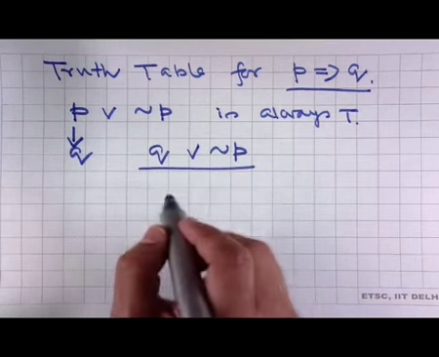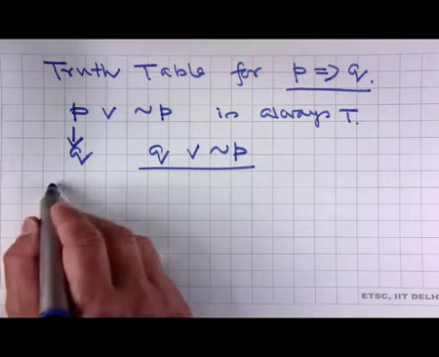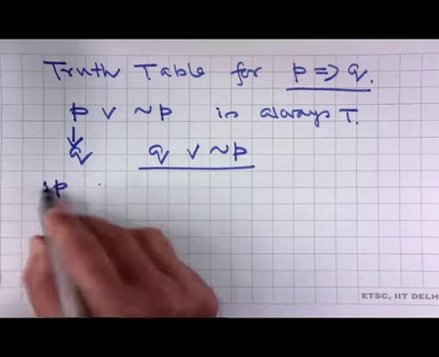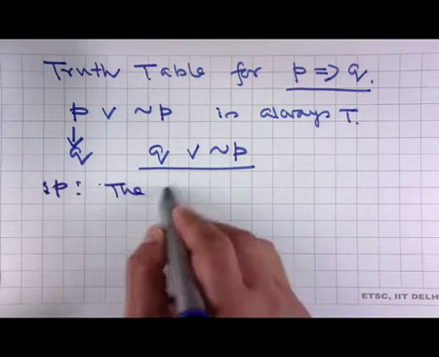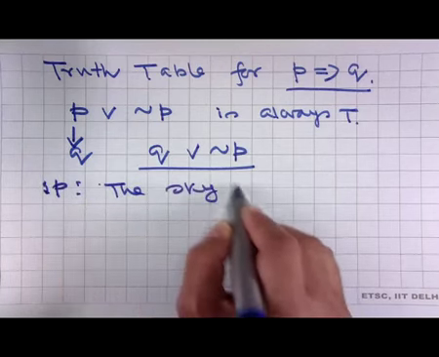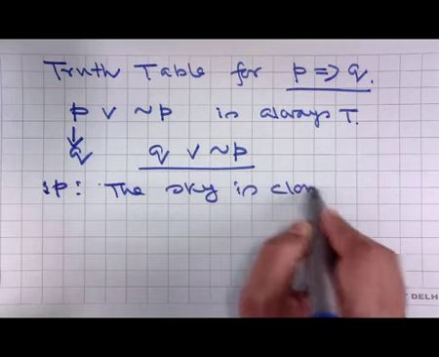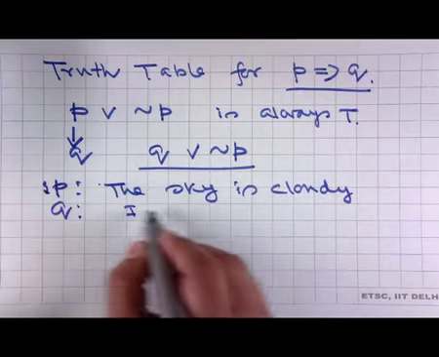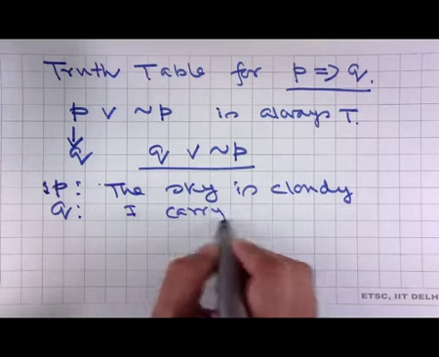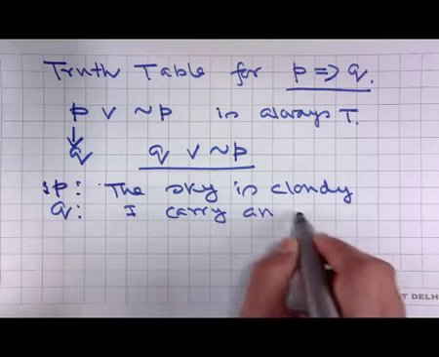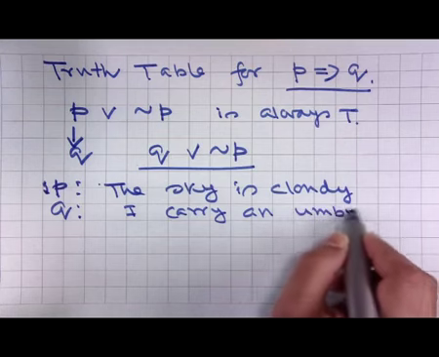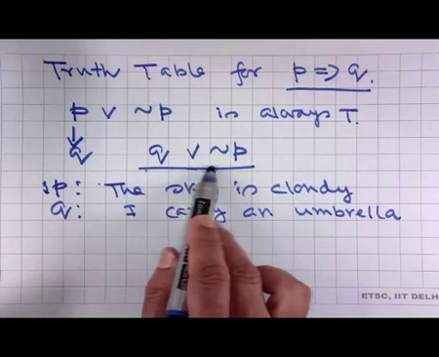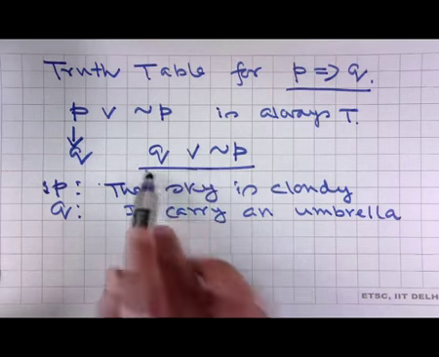Or in other words, we can look at it in the following way, that if P is the sky is cloudy, Q is I carry an umbrella, then one of the two will always happen.